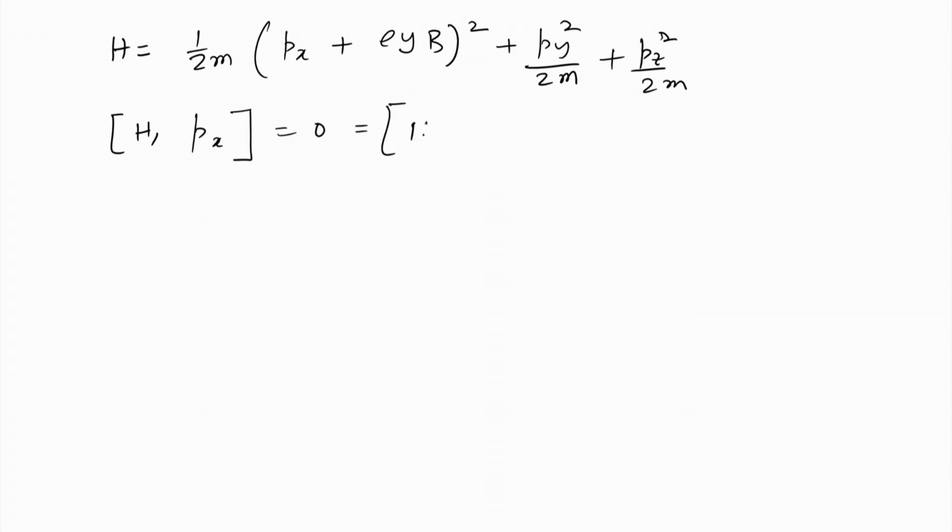If these commute, then we have them as good quantum numbers, and we can use this symmetry, so k x and k z are good quantum numbers. One can infer that P x, P z and H have simultaneous eigenfunctions.